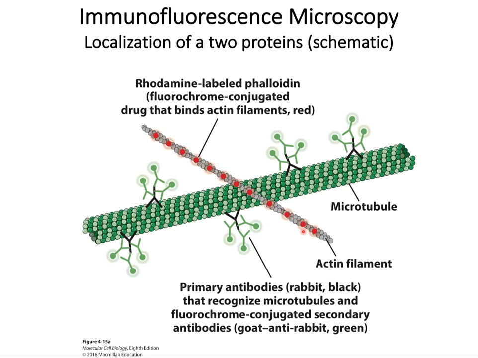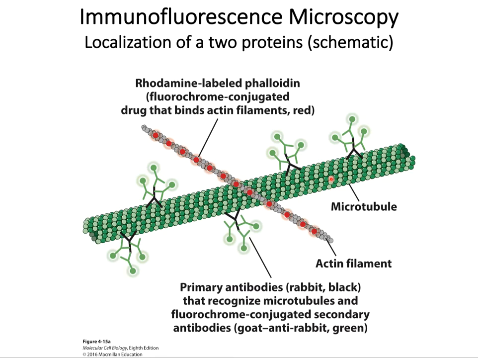Another very powerful variation is double label fluorescence microscopy, which can visualize the relative distribution of two proteins. In double label fluorescence microscopy, each protein is labeled with a different fluorochrome to compare localizations.